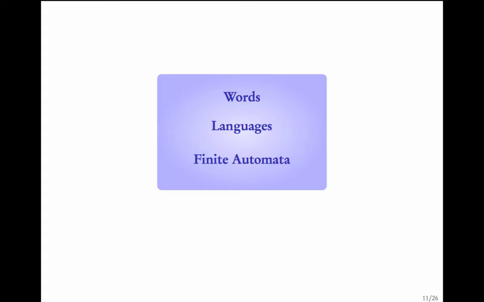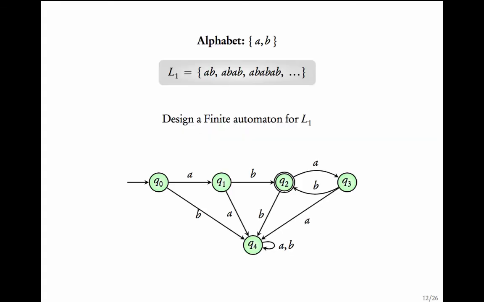In the rest of this module, we will give lots of examples of designing finite automata for certain languages. Let's take the language that we already saw. Instead of the 2-line description of what we wanted, we will just write design a finite automaton for L1. This was the finite automaton.